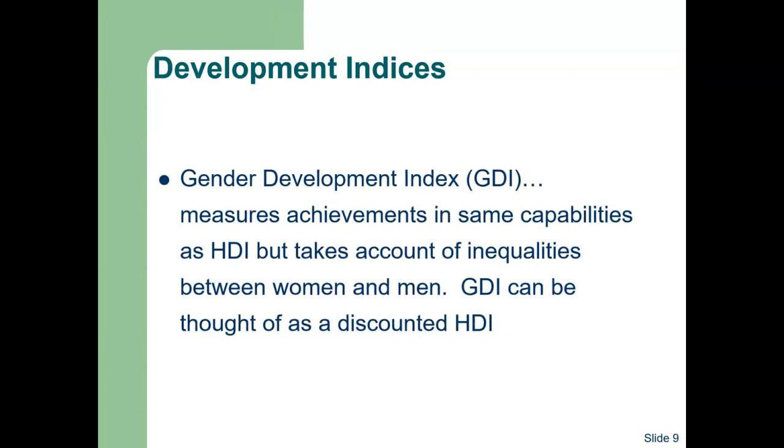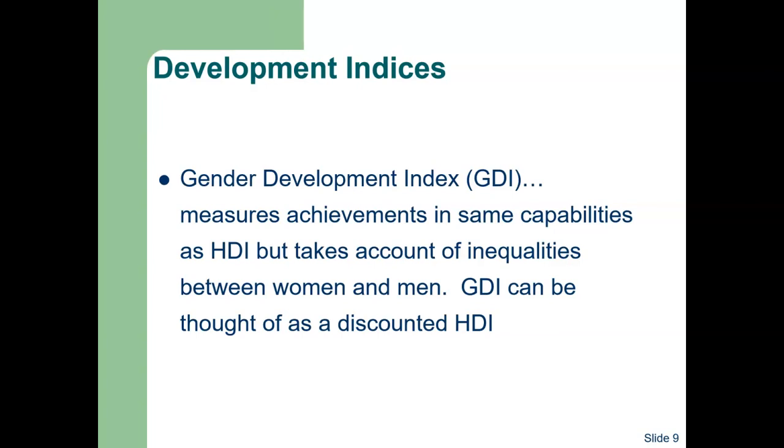Regarding measures of development, economists have defined different development indices. One of them is the Gender Development Index, and it measures achievements in the same capabilities as the Human Development Index, but takes into account inequalities between women and men.